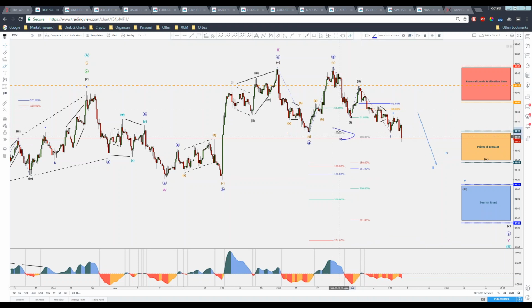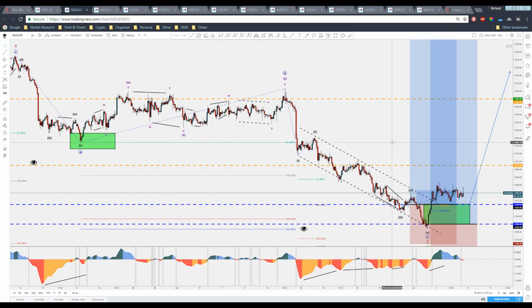So where was I? 100% was actually breached. Now this is interesting because the 100% is right there. So we broke through. Now it could bump its head a bit and then continue, right? You guys are traders, you know what to look for.